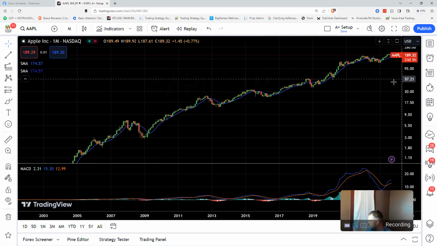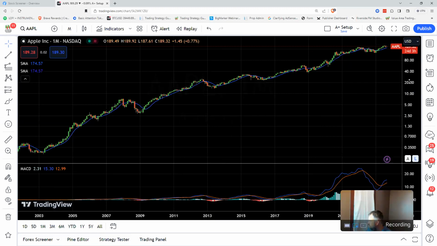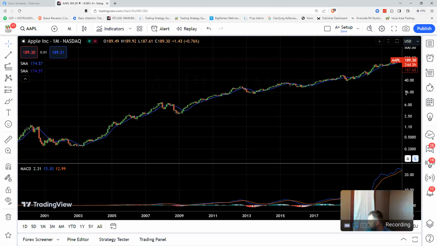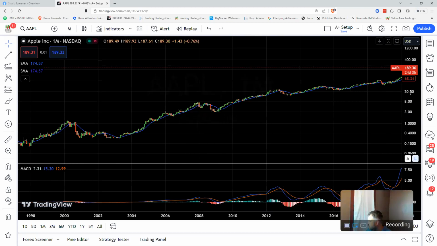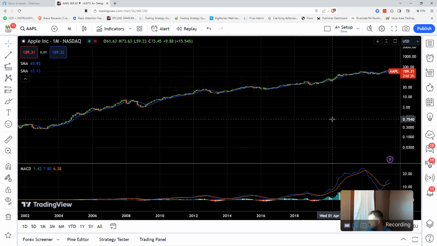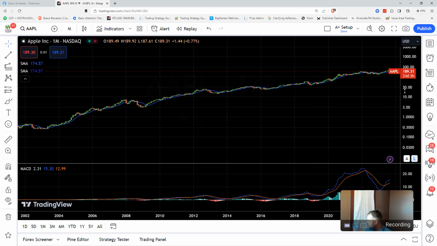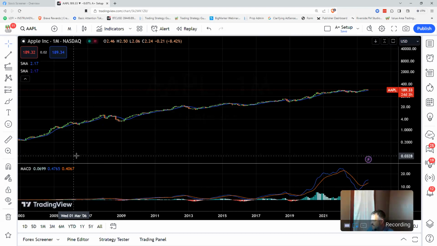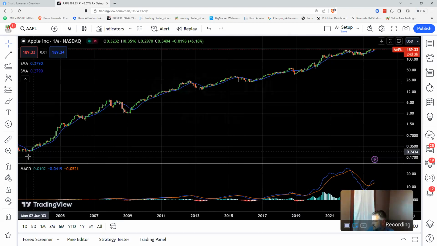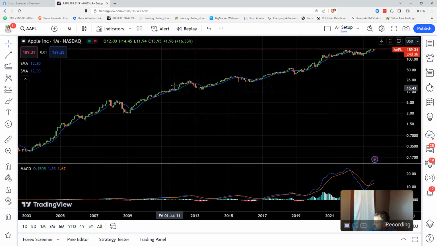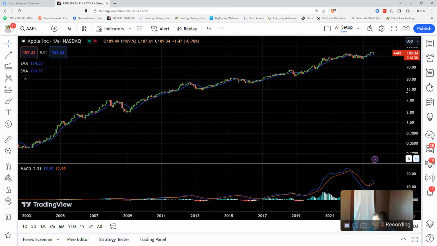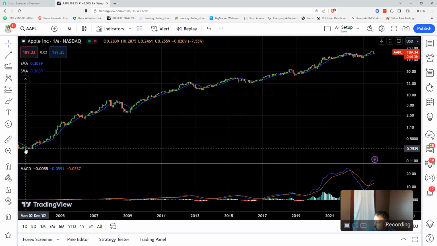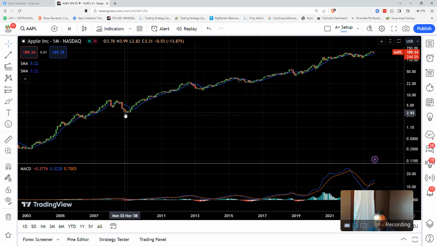You guys kind of see a pattern here. This is insane, right? I mean, look at this pattern. Look at this chart. This is from 2003. So when you're trading Apple, you want to be looking for the trend because this thing doesn't have real big retracements.